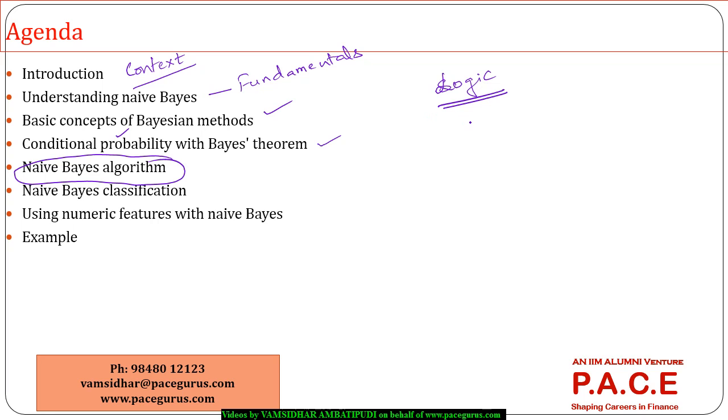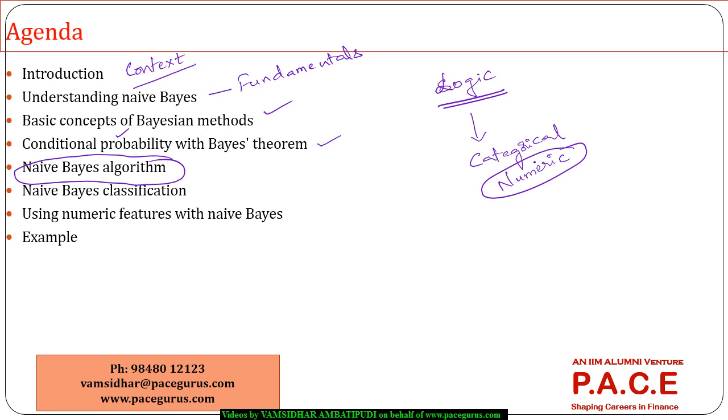To a large extent, naive Bayes actually works with categorical kinds of variables. We would be seeing that. But if I have numeric variables as a part of the data, how do we make the necessary modifications to make sure that I can implement naive Bayes on my data?